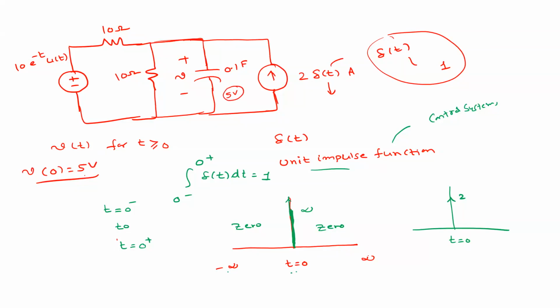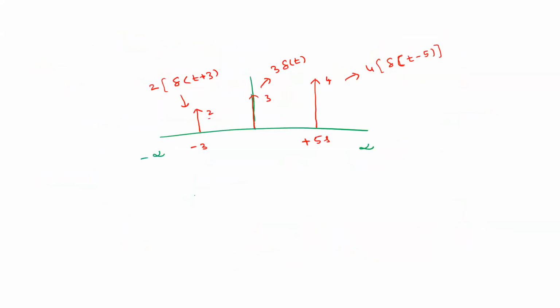So what is the next step? Convert this into an equivalent S domain circuit. What do you get? We have a DC source here, so what is its Laplace transform? 10 by s plus 1. Good. What is the next element?